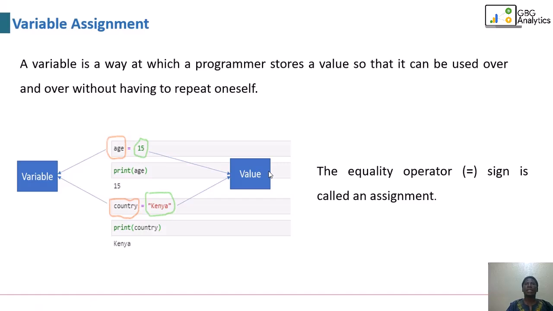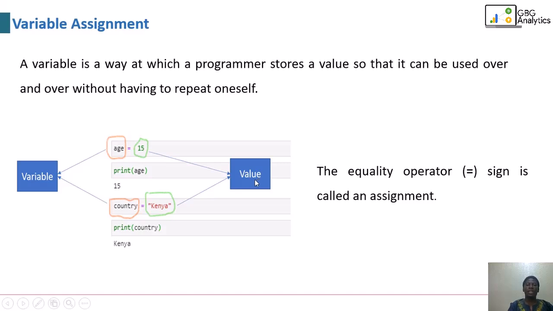In the last section, we talked about different data types in Python. For example, integer, float, string, and boolean data types. So this one here, as you can see, we have a variable called country, and in it we store the value Kenya. So therefore, country is a variable and Kenya is a value.